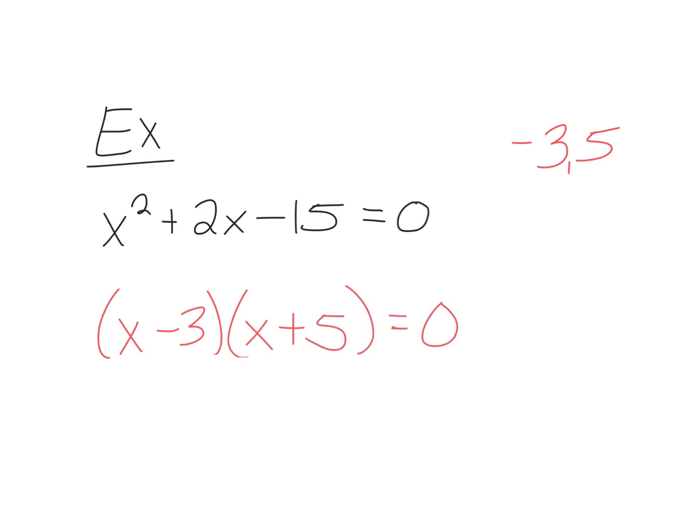So factoring is the same. Now we're actually going to solve it. Ideas. So when we solve, what are we trying to do? Get x by itself, right? Find the value of x.